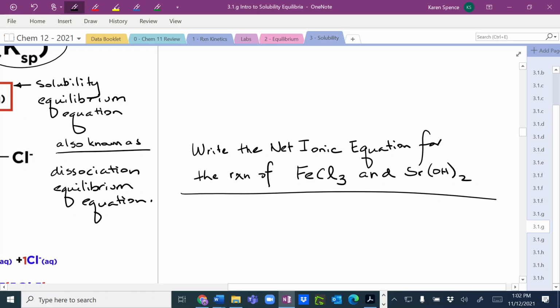If you are able to go straight to the net ionic equation, you are welcome to do so. But many of you will still prefer at this point to go through the whole process: write our formula equation, complete ionic equation, and net ionic equation. You need two things for this. You need a data booklet. Is there anyone who needs a data booklet?